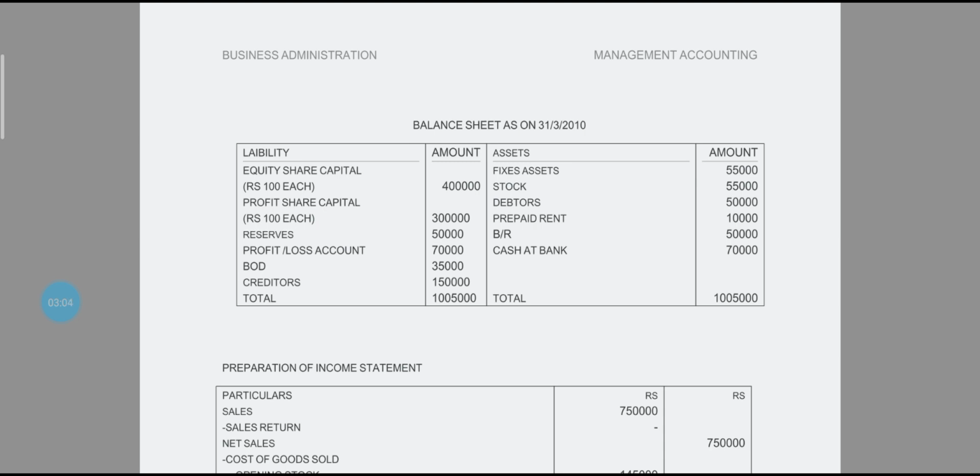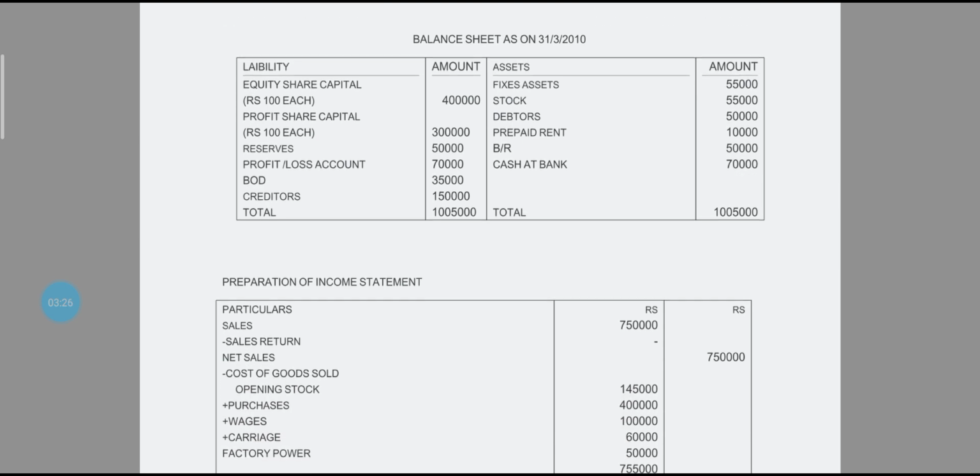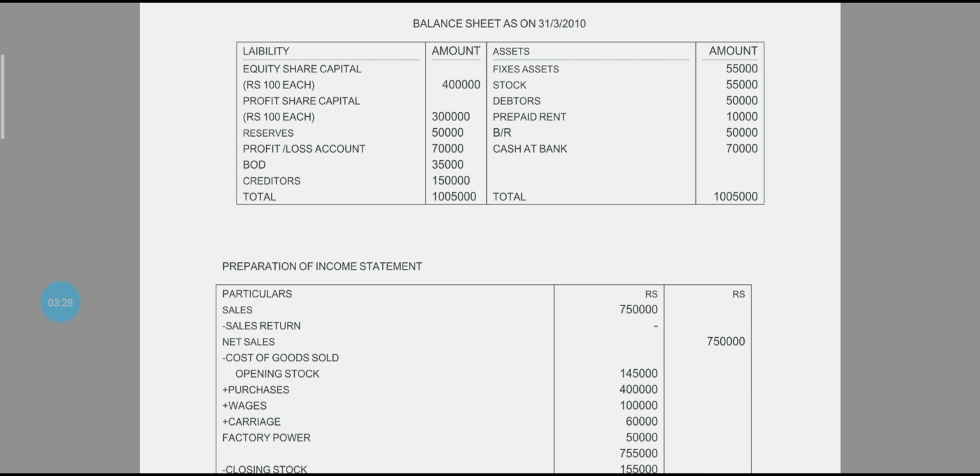And asset side: fixed assets 55,000, stock 55,000, debtors 50,000, prepaid rent 10,000, bills receivable 50,000, cash at bank 70,000. So the total is 10,05,000.